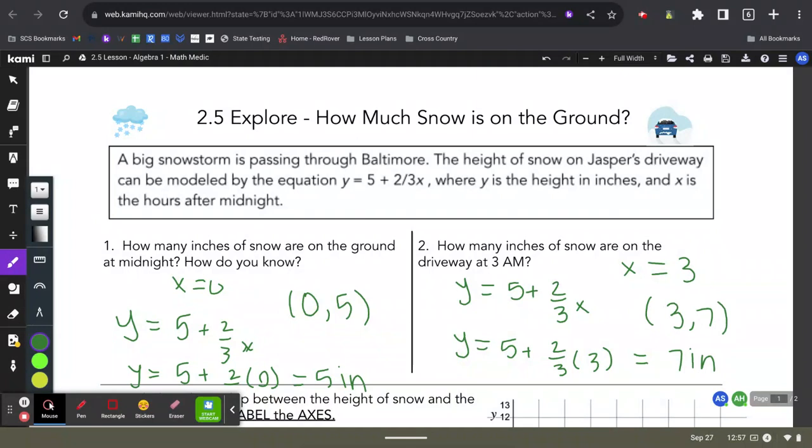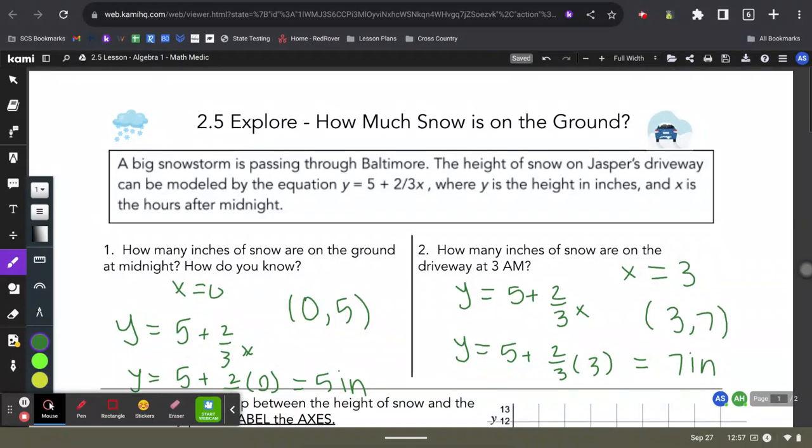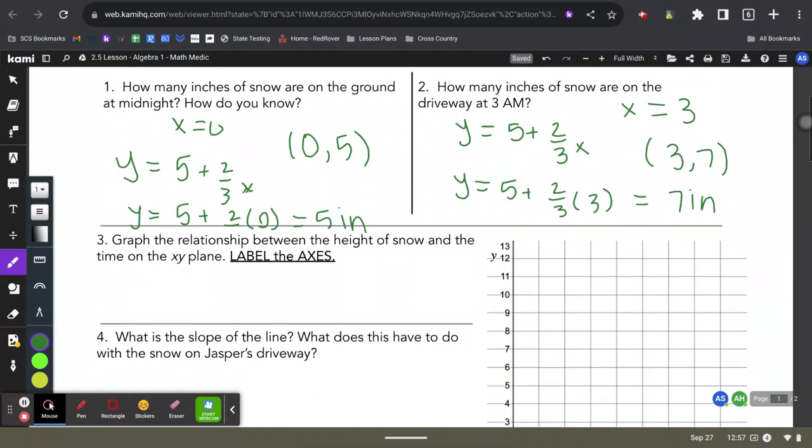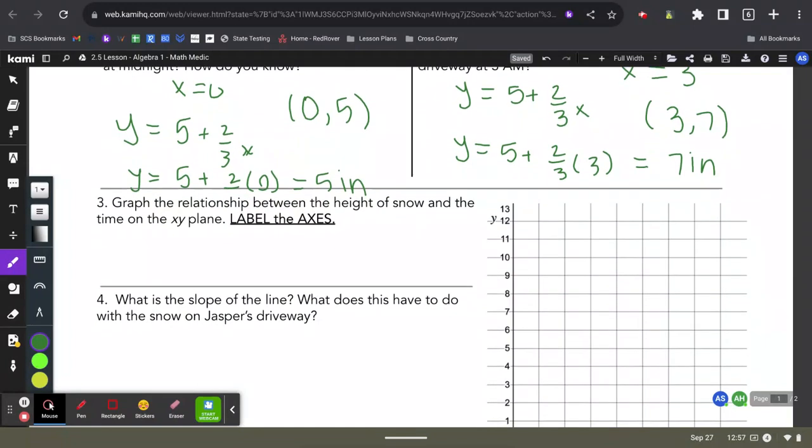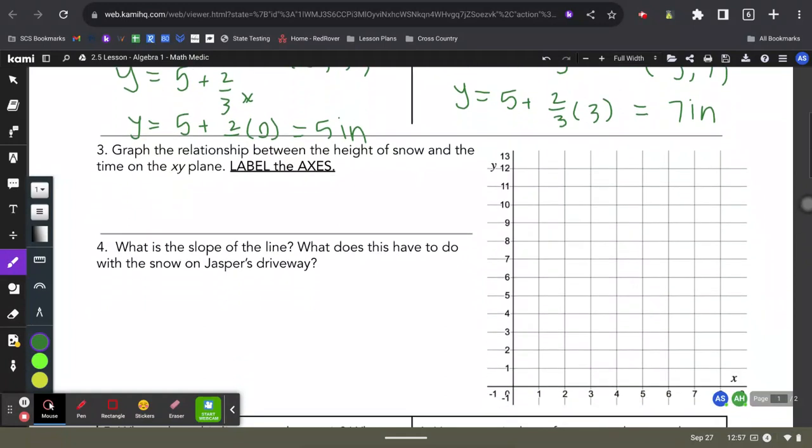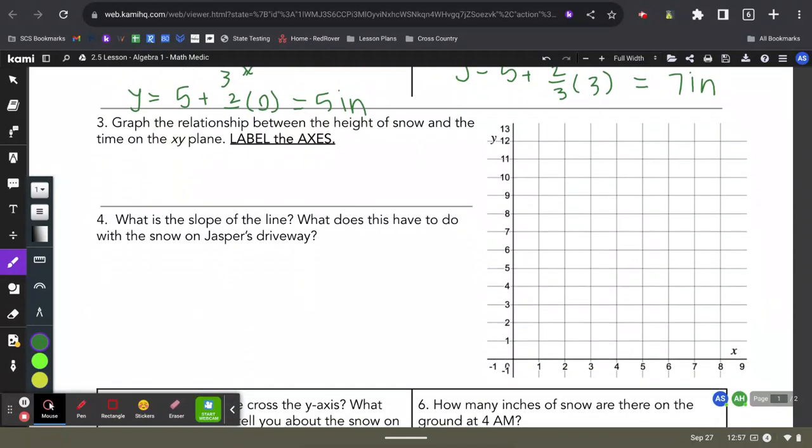It's important that we get these coordinates because in the next question we have to graph, and we need coordinates to graph. So graph the relationship between the height of the snow and the time on the XY plane. So we said previously that x is the time after midnight, and our y-axis is the height of snow in inches.